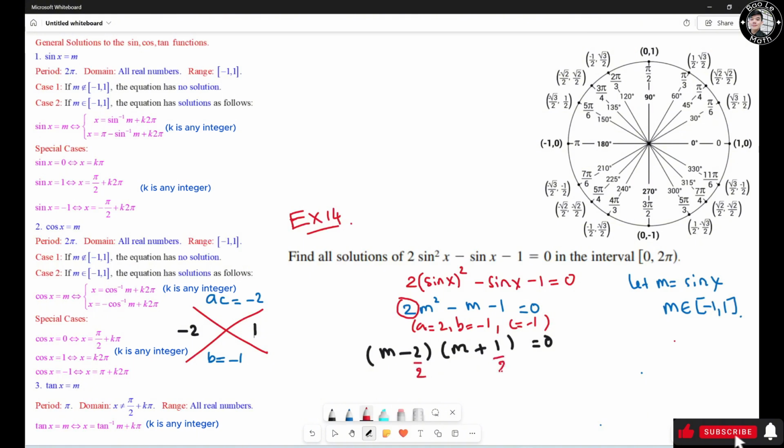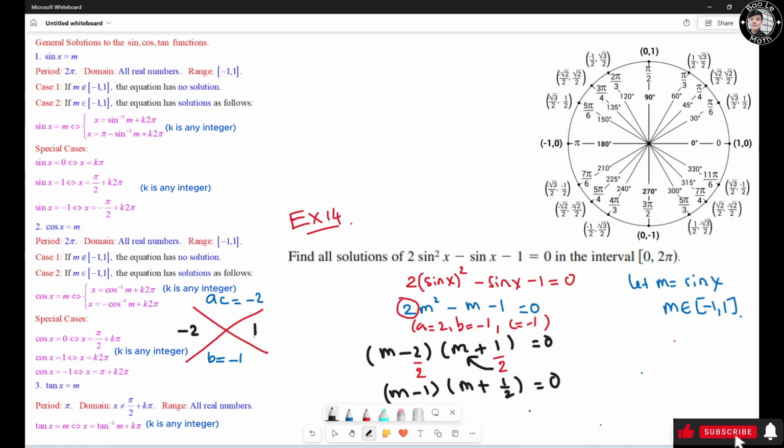Divide this guy by 2, so you simplify, and it's going to be m minus 1 times m plus 1 half. This one right here you can't simplify, so you either multiply 2 by m, or you just leave it. So I just leave it, m plus 1 half equals 0. This is the final factored form.